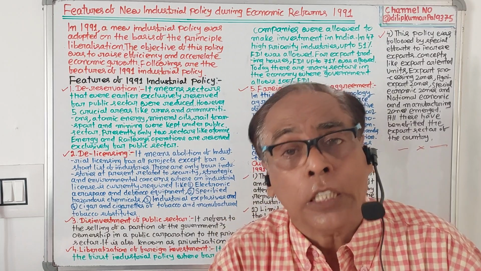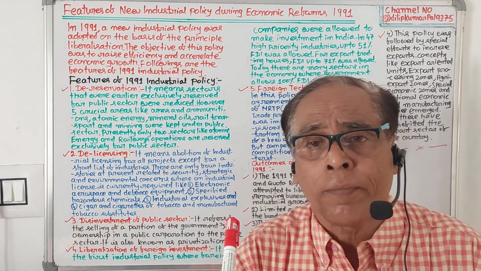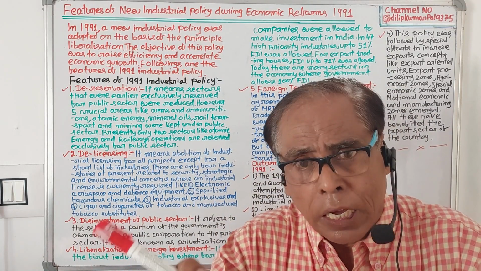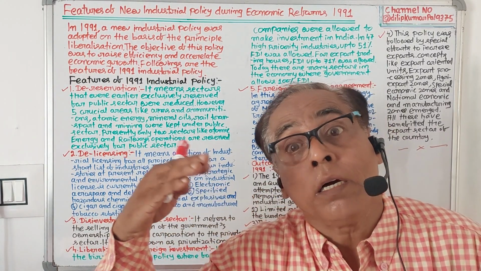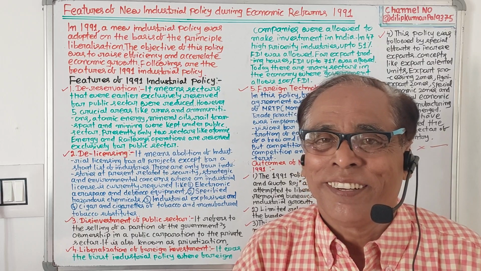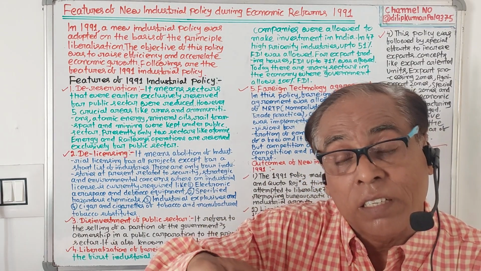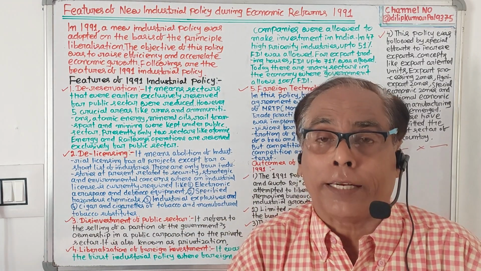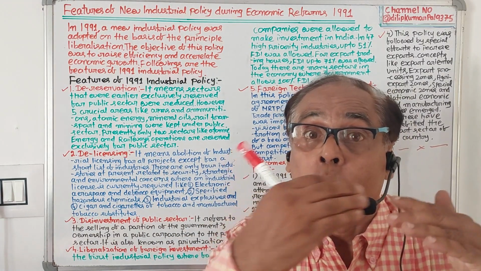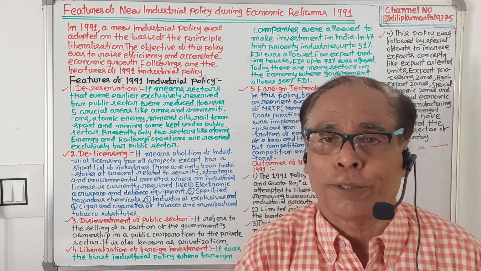So disinvestment means government decided to withdraw a part of its investment or full investment from any public corporations and give scope to private sector to own that public corporation.